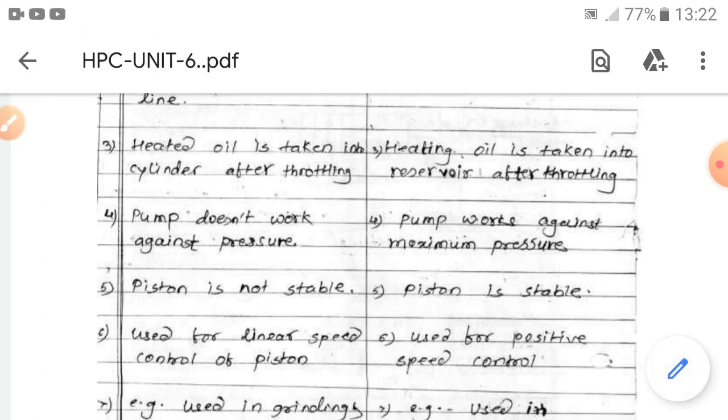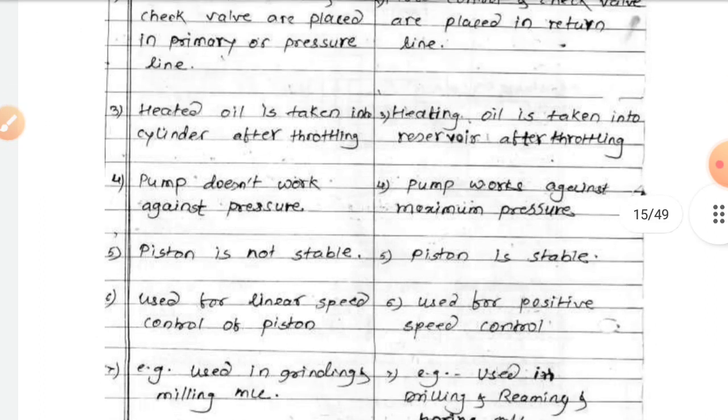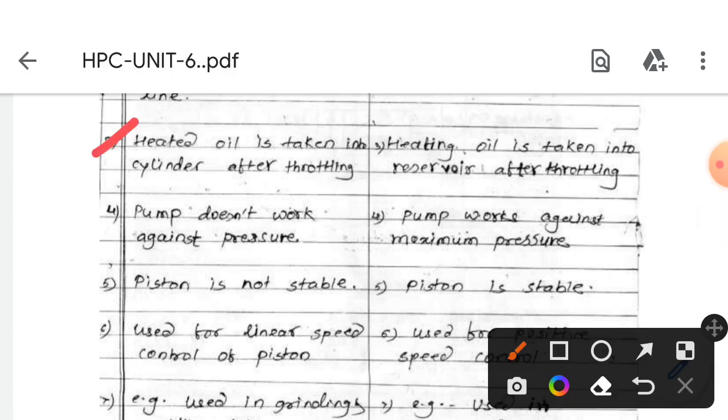In a meter in circuit, heated oil is taken into the cylinder after throttling. In a meter out circuit, heated oil is taken into the reservoir after throttling. In a meter in circuit, the pump doesn't work against pressure. In a meter out circuit, the pump works against maximum pressure.